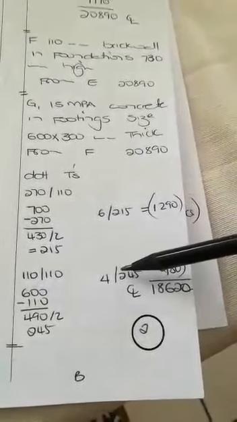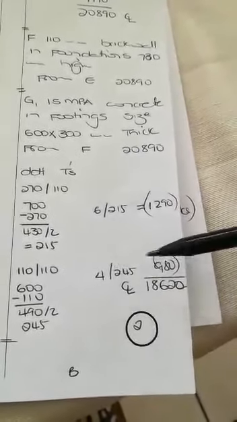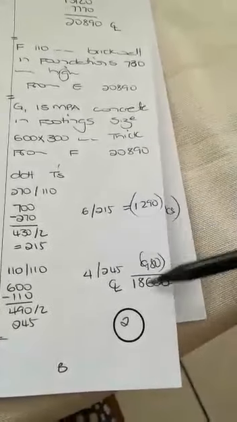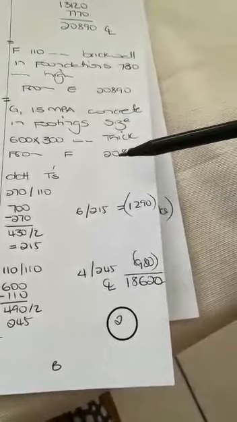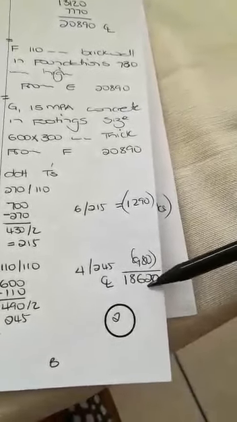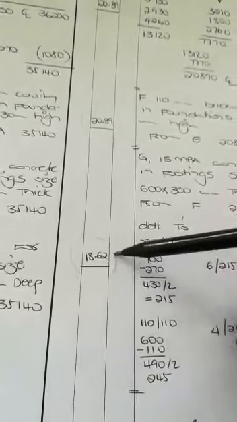And the 110 brick wall makes a T with itself 4 times, so we multiply 245 by 4, and we get 980. So the 1290 and the 980 we minus from the 2890, and we get a new center line, which is 18,620, which is what we are going to transfer to our dimensions column.